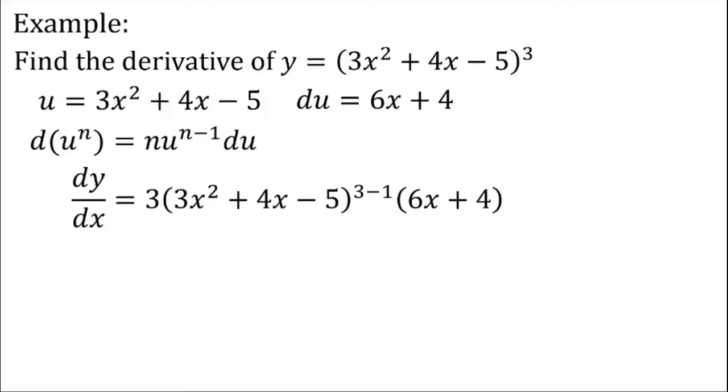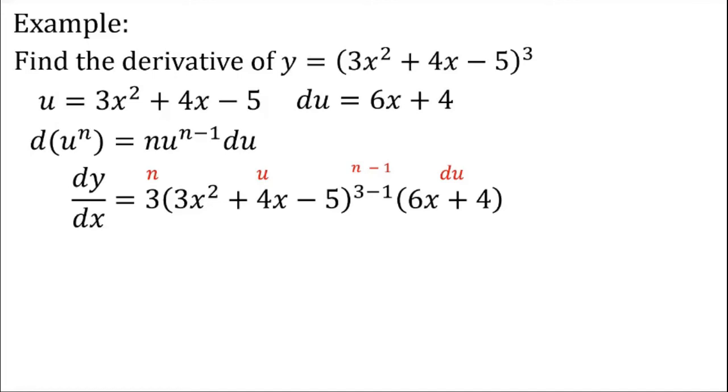So we multiply the 3, then 3x squared plus 4x minus 5 raised to 3 minus 1, subtracting one, and then times the derivative of the inside, 6x plus 4. This is our n, our u, our n minus 1, and our du.